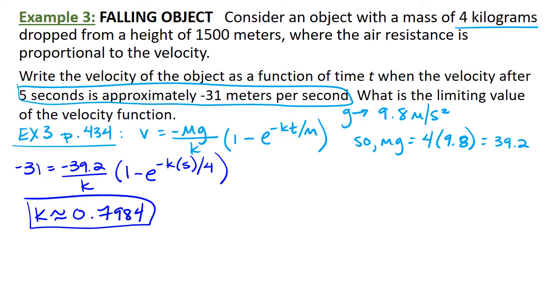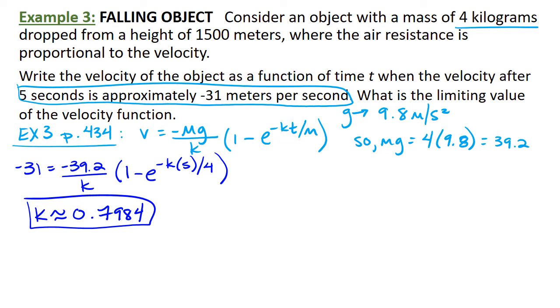Once you have that, you might want to store it in your calculator in order to not have any errors in your approximation. But once you have this, now what we need to do is work toward finding the limiting value. Basically what I'm going to do is something similar to what we did in a previous example.